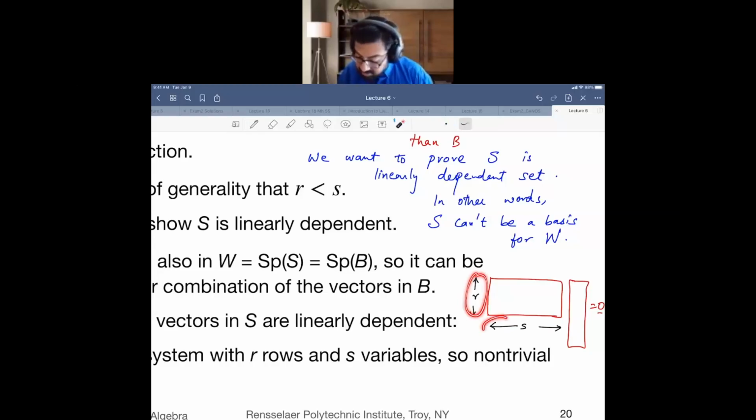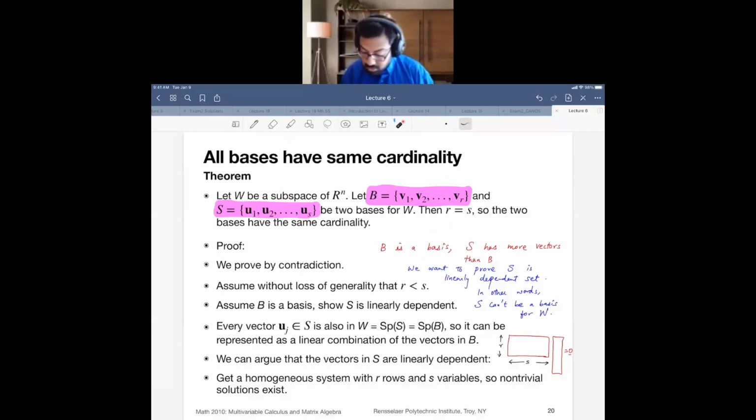So R is less than S. When you carry this out, the solution for this homogeneous set of equations is going to have non-trivial solutions, because we saw that when you have a homogeneous set of equations in which you have fewer equations than unknowns, then you are going to have non-trivial solutions. Obviously, the trivial solution is going to be there, but you're also going to have the non-trivial solutions here.